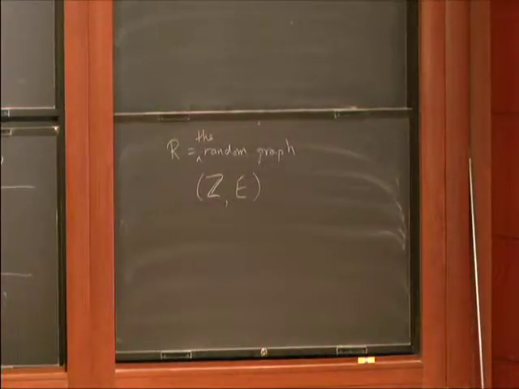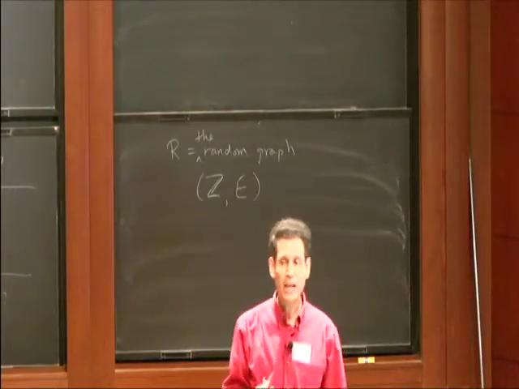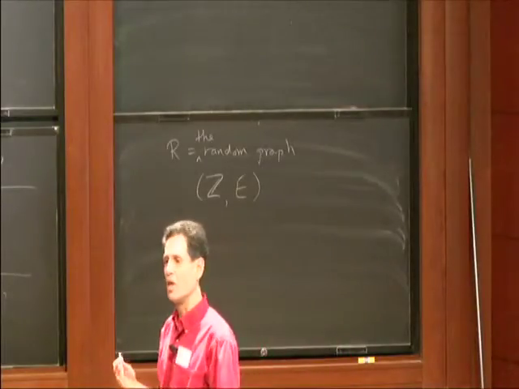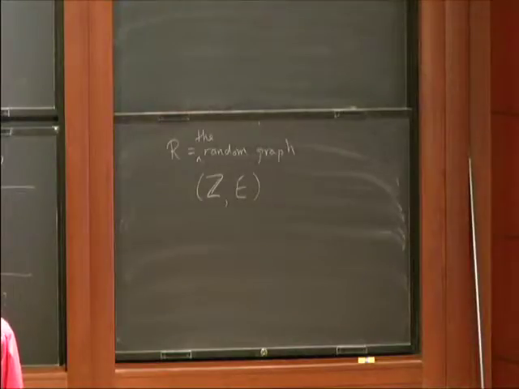But it's called the random graph because if you, for example, put an edge between two vertices with probability half independently for different pairs, then almost surely, up to isomorphism, you'll always get the same graph. And that's called R, the random graph.